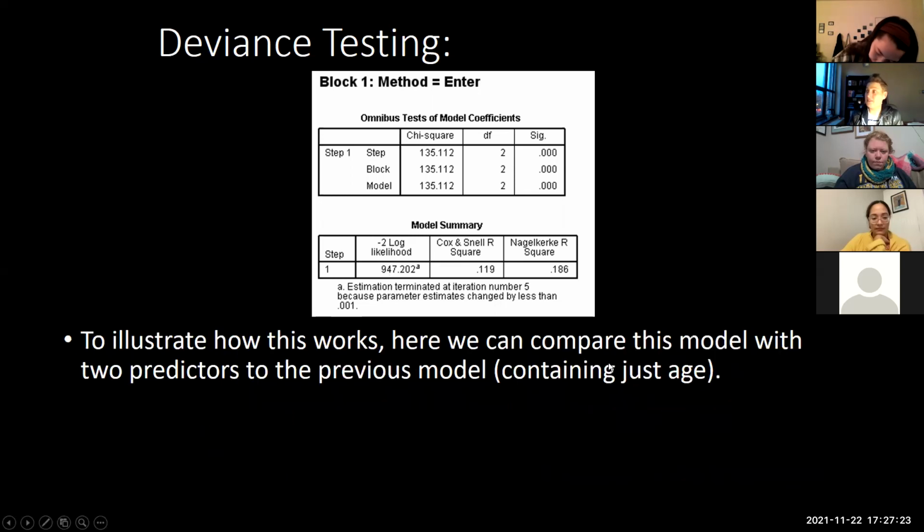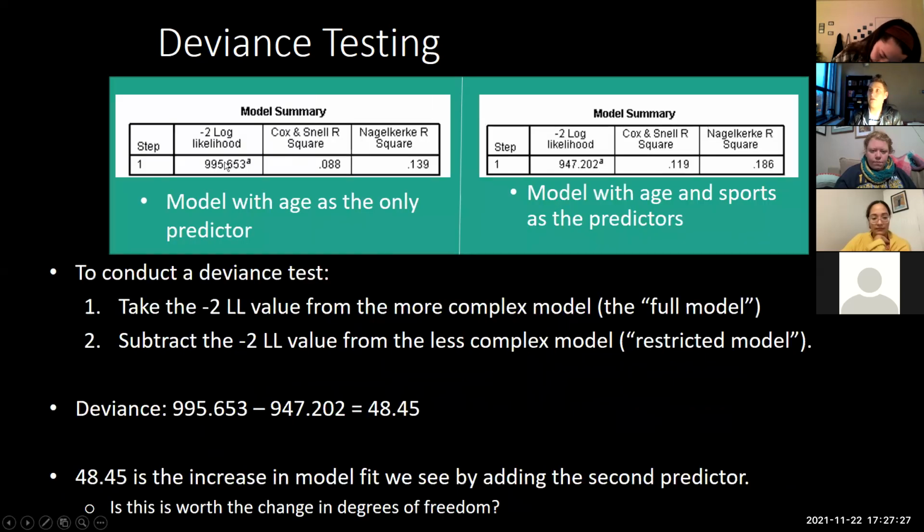Here I'm comparing our model with age as the only predictor and one that has both age and sports. They call it a deviance test. Why do they call it a deviance test? Because we're taking the difference between these two. So you're looking at how much better this fits based on our log likelihood number. And then we look at the differences in our degrees of freedom.